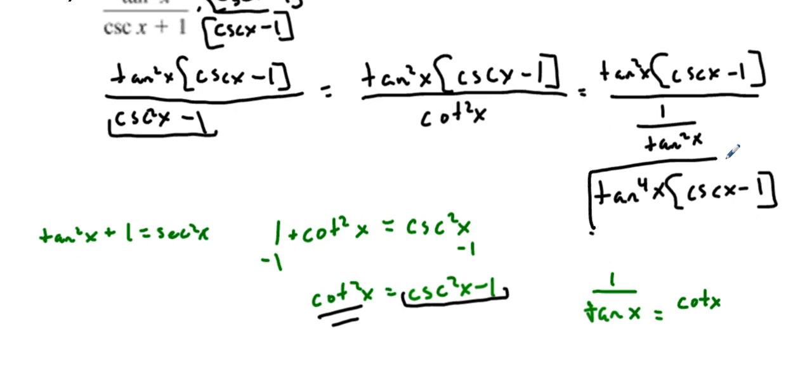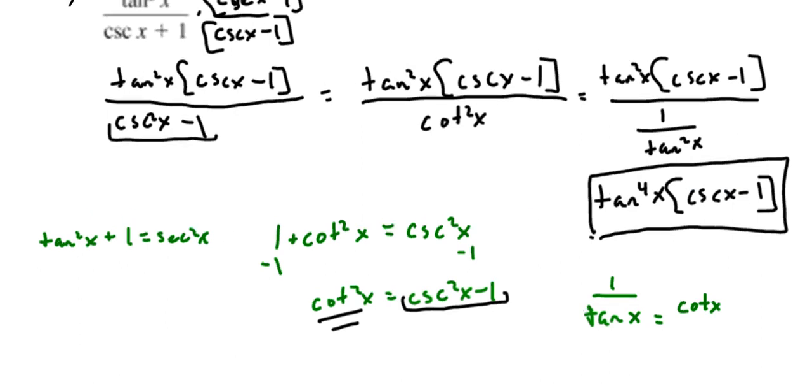And there we have it. I got rid of the denominator. I now have an expression that appears to be pretty simplified. Tangent will not give me cosecant, so you can't simplify it further. And that seems to be where we're going to be at.